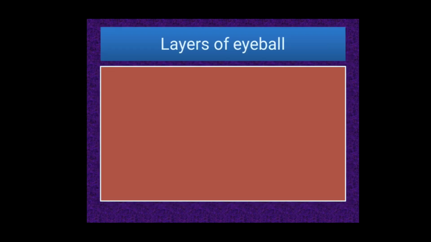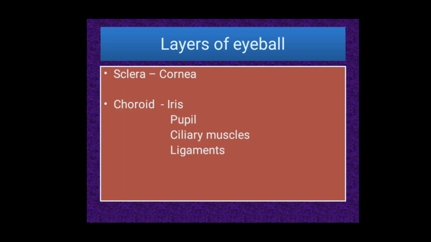Now let's see which are the three layers. First layer is called sclera and it gets modified into a structure called cornea. Second layer is choroid and it has many modifications: iris, ciliary muscle and ligament.